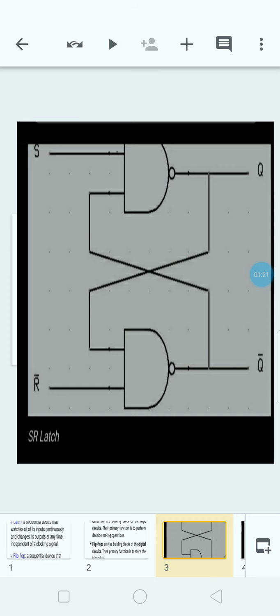In this circuit, when you set S as active, the output Q would be high and Q complement will be low. This is irrespective of anything else. This is an active low circuit. So active here means low, but for an active high circuit, active would mean high.